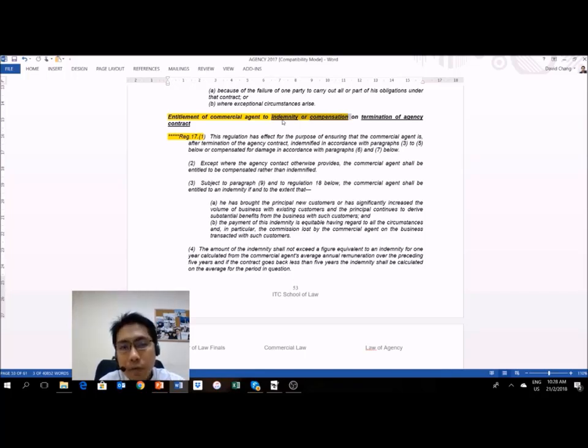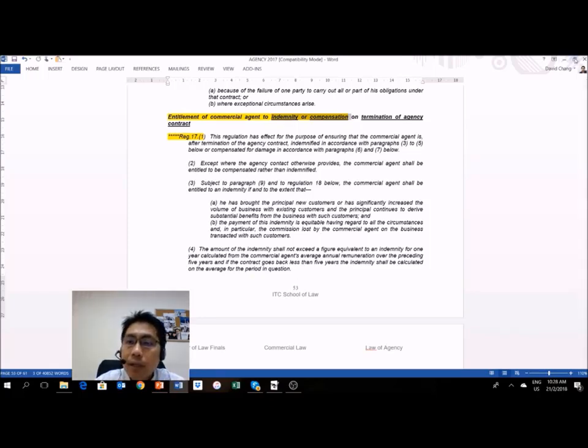Now, in case you are confused and you think of indemnity or compensation as certain things or benefits we provide the agent for his losses suffered, I want to clarify that this concept that we're referring to within indemnity or compensation is not based on any loss suffered.